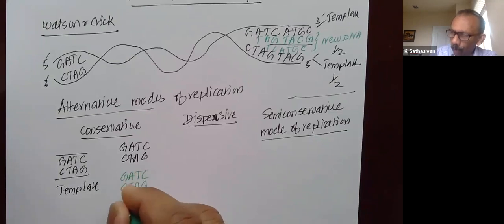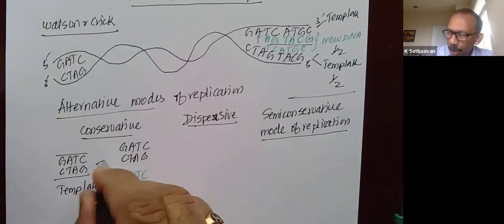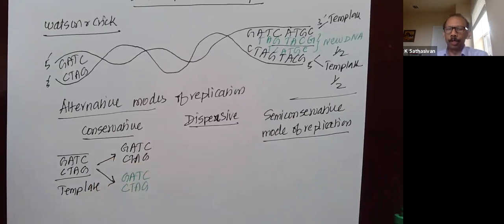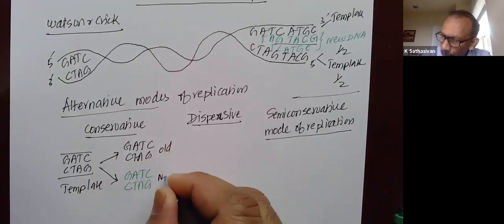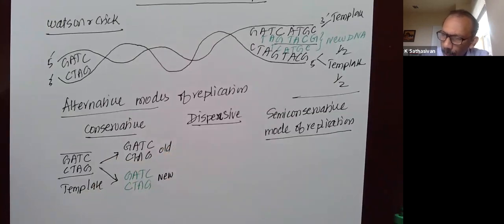This is another way of DNA replication, still utilizing the complementary base pairing. So this is the old, this is the new. That's the conservative mode of replication.